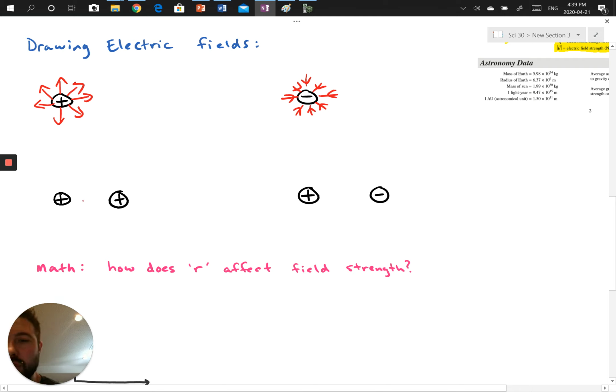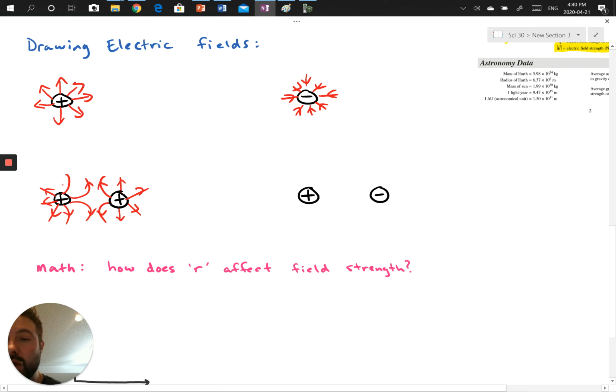Now, if I have 2 objects interacting with each other, like these same charges, 2 positive charges, these are actually going to repel each other. And so we're going to see, I'm going away from positive, so we're going to see something kind of like this happening. And all of these arrows are going to be pointing away from the positive charge.